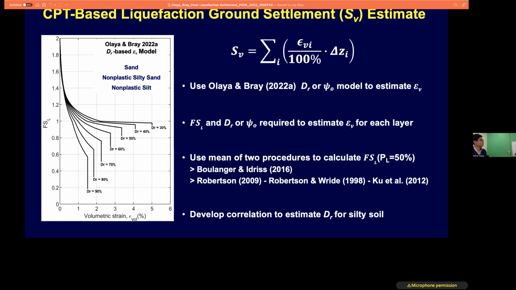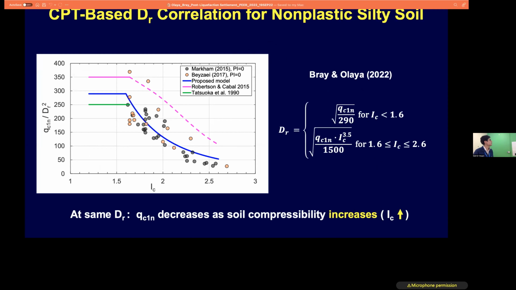We use the triggering procedures of Boulanger and Idriss and Robertson 2009, and we are taking the average of these two. But we realized when we were developing the model that we needed a robust correlation to estimate relative density. We didn't have one. So we took advantage of the work of Markham 2015 and Desai 2017, and they produced a lot of information about CLT soils.